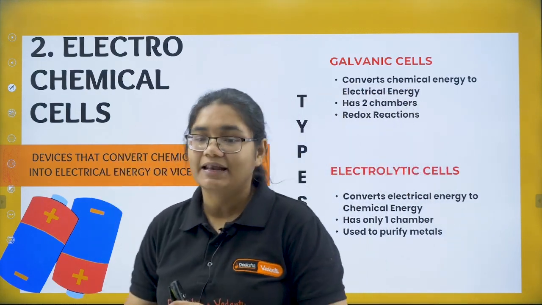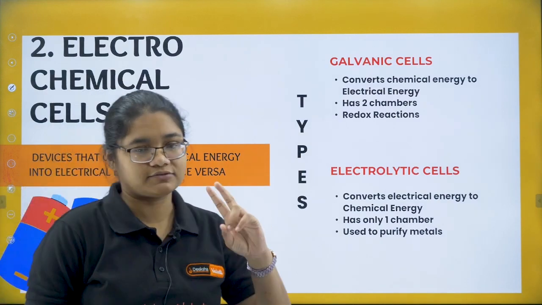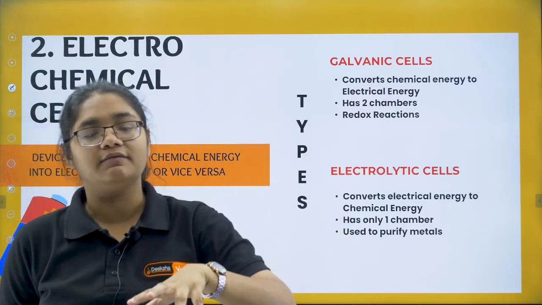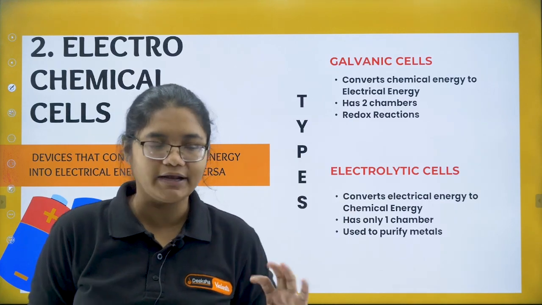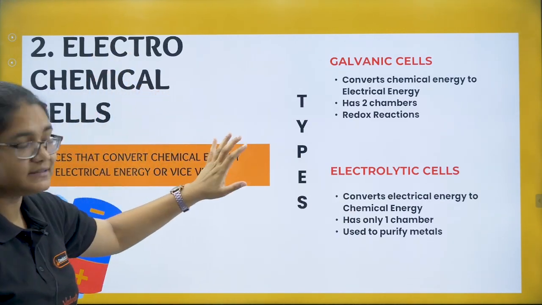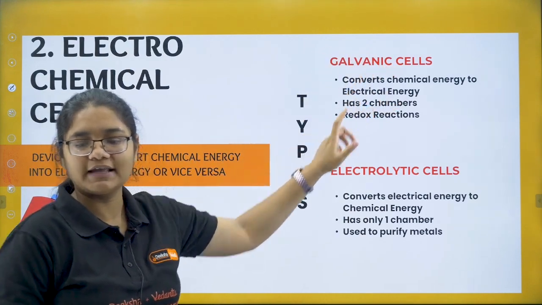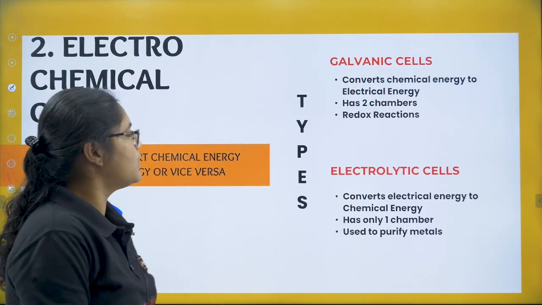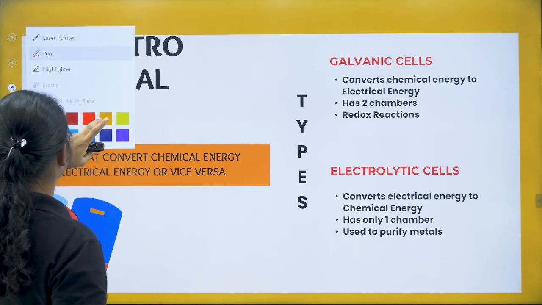So what are the types of electrochemical cells? We definitely have two types. One will convert chemical to electrical, another will convert electrical to chemical. The first one is the galvanic cell and the second one is the electrolytic cell. So what is the role of the galvanic cell?